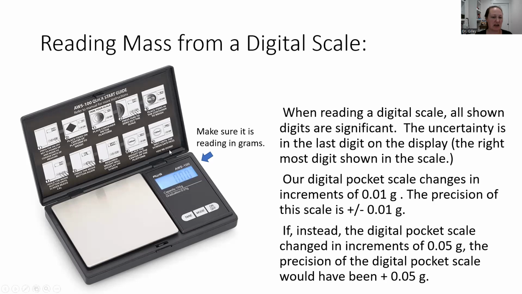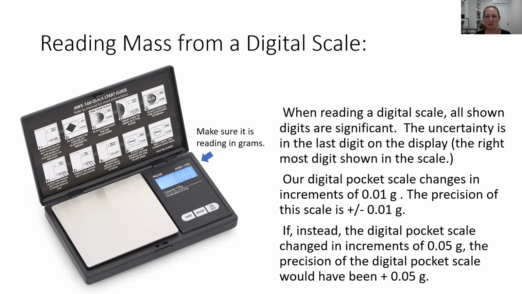So if this one changed every 0.05, meaning maybe it weighs 1.05 grams, and then it goes up to 1.10, then back to 1.05 grams. If it was changing in increments of every 0.05, right, then there would be a precision of plus or minus 0.05 grams in that case. But in our case, it's going to be 0.01 grams.